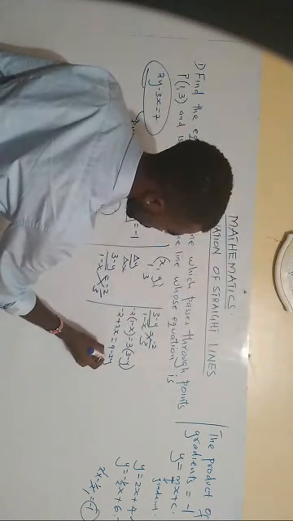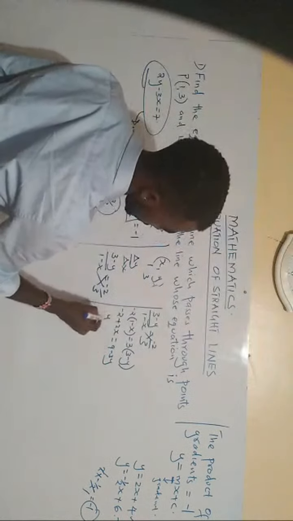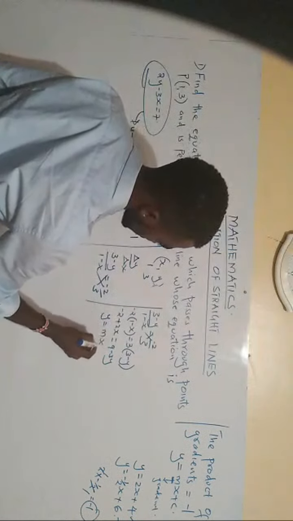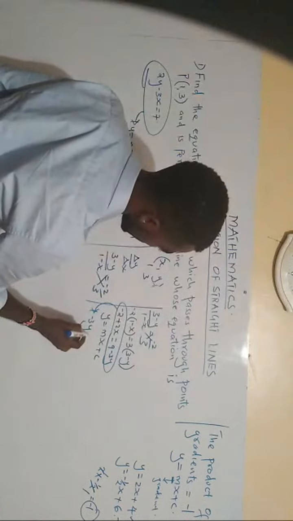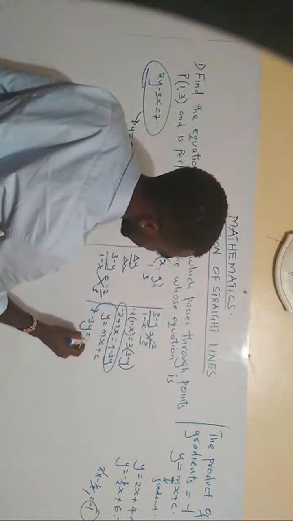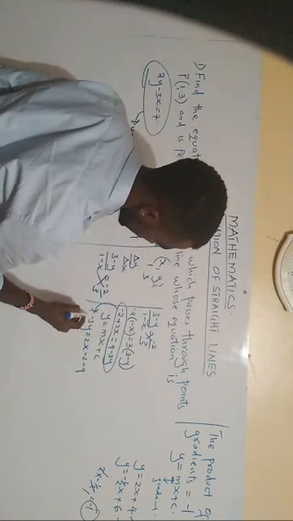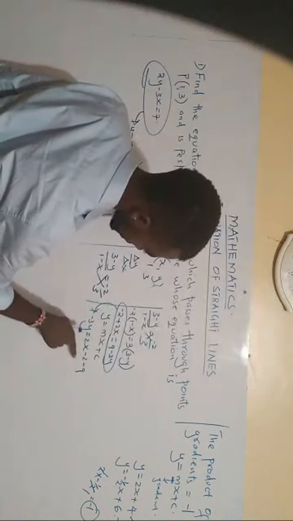You can put this one in the form y = mx + c. So -3y = 2x - 2 - 9. Let's finalize this one.